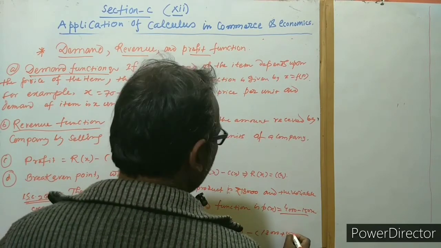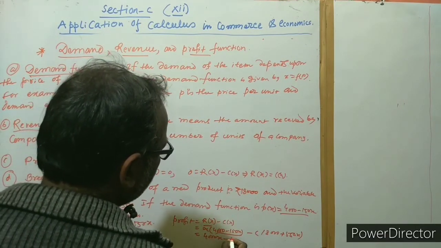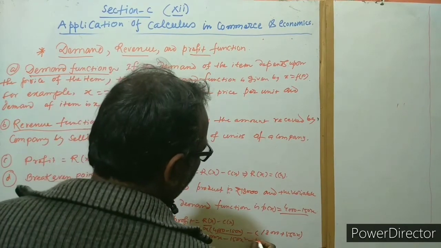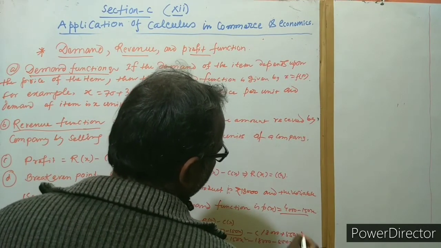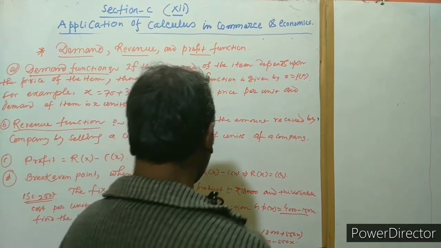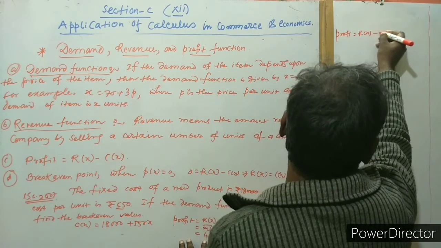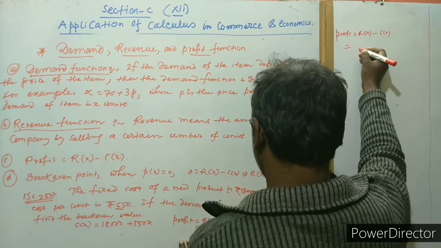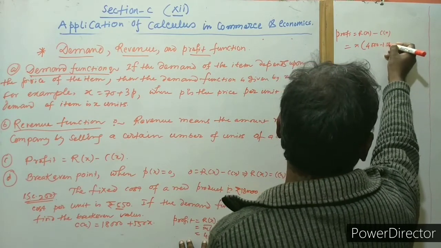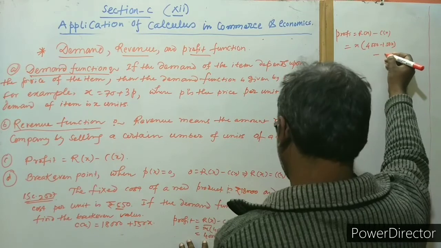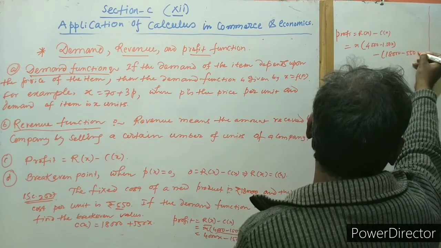plus 550x. If we multiply, we get 4,000x minus 150x square minus 18,000 minus 550x. Again, profit is equal to the revenue function, x into the demand function, 4,000 minus 150x, minus C of x, which is 18,000 plus 550x.